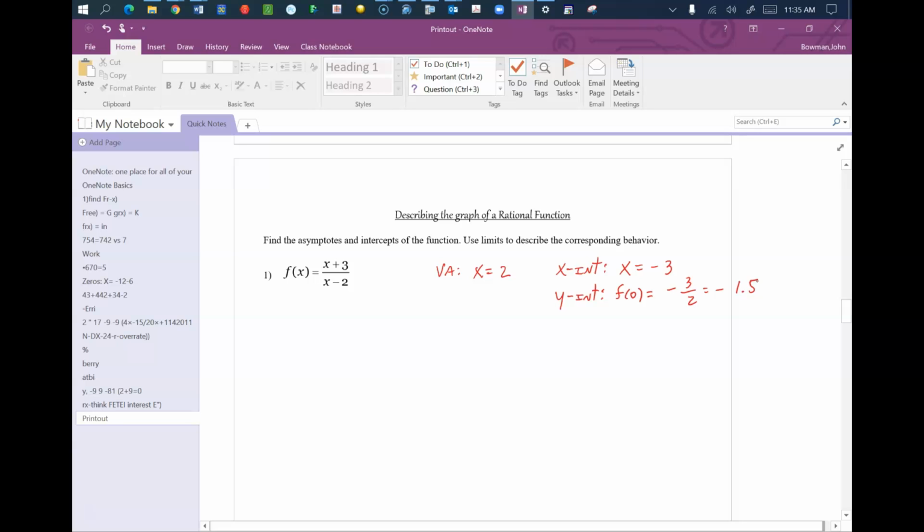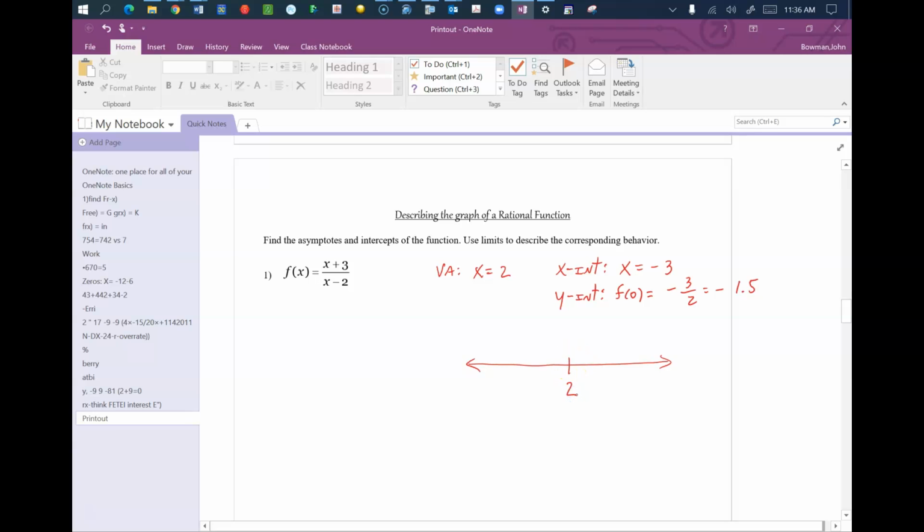Well, we're going to also describe the behavior of this function using limits, and probably the easiest way to do that is by graphing it. So we're going to start out by making our sign chart, and we are going to put 2 in here.